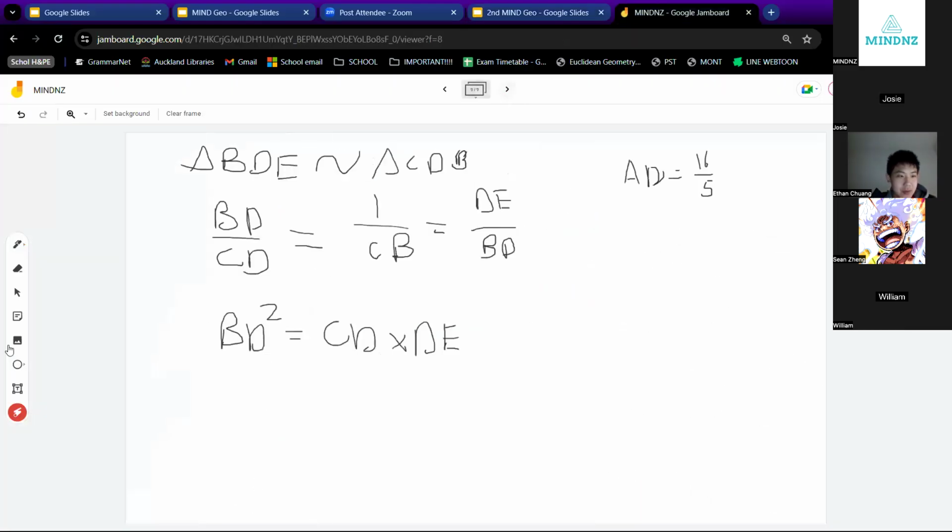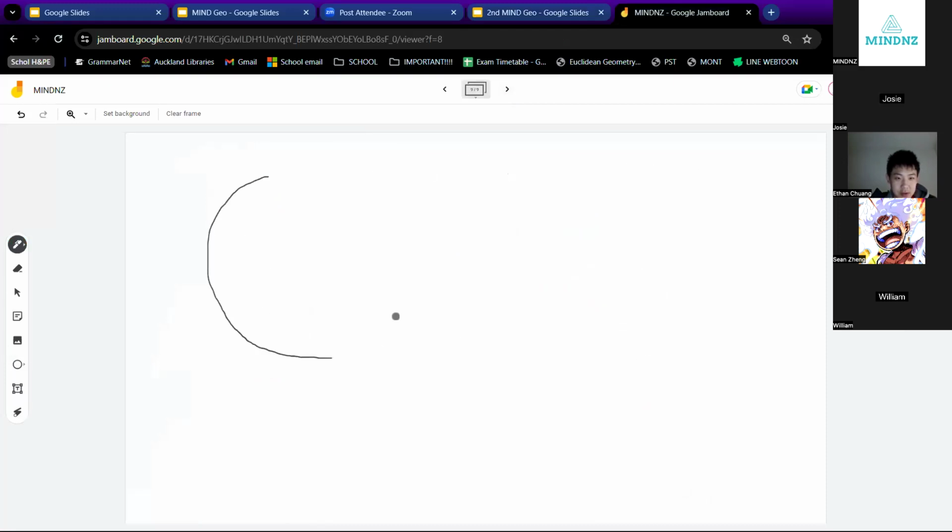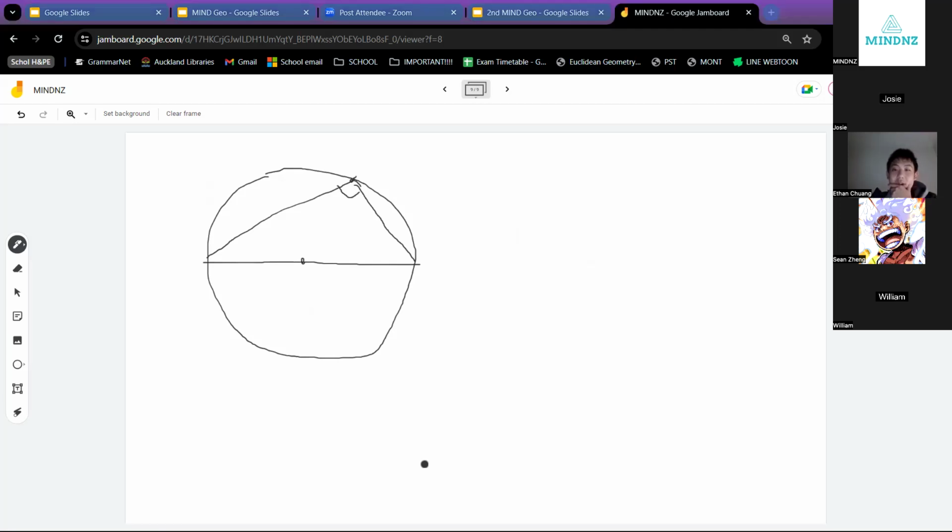So we'll just go through the first one, I guess. We have the diameter of the circle, and we pick any random point on the circle and make a triangle, and this will always be a right angle. Does anyone know why this is true? And if you don't know why this is true, maybe you should try proving this yourself.